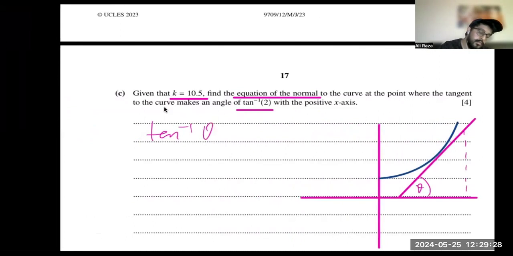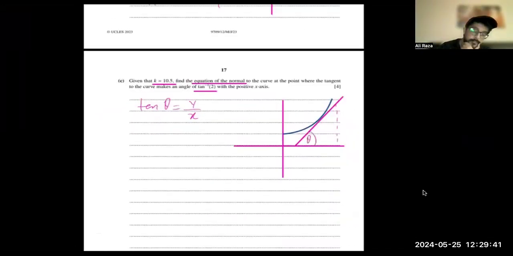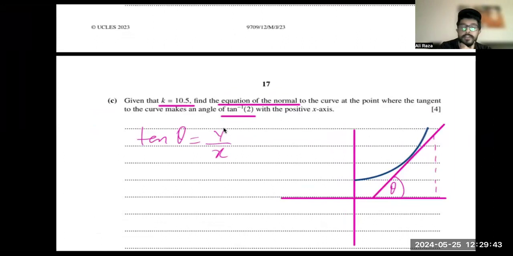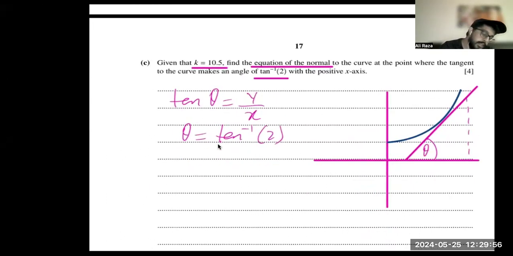Tan inverse of y over x gives me the angle theta. Now we know that y over x gives us the gradient. So if the angle is tan inverse of 2, this means that the gradient is equal to 2 for the tangent.